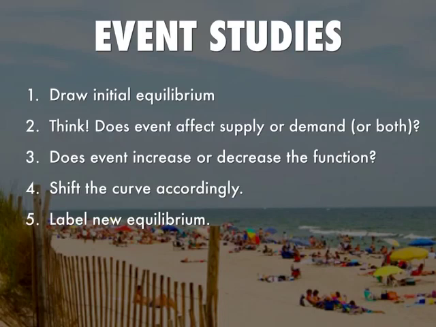But typically I'll give you a supply event or a demand event, or sometimes I'll give you two events, one supply, one demand, two demand events, two supply. Anyway, sometimes I'll give you multiple events, but I'll try to avoid giving you events that would affect both supply and demand. But it could happen in the real world that one event affects both functions.